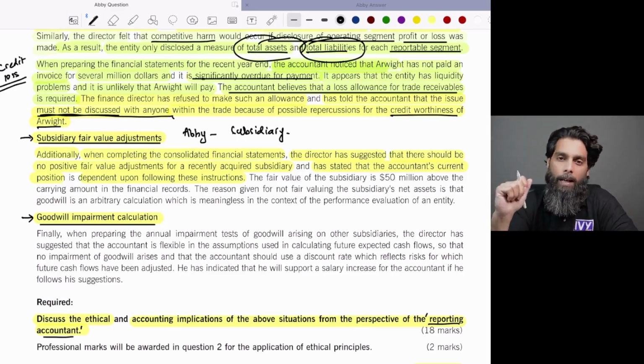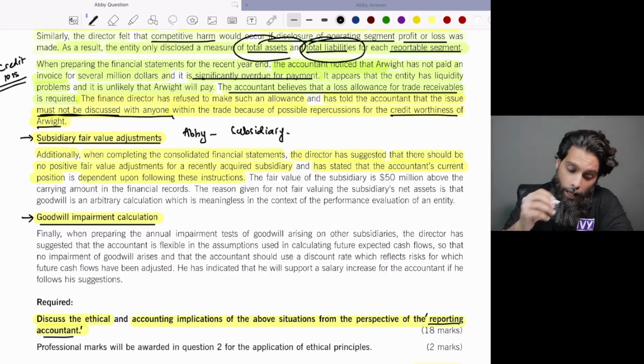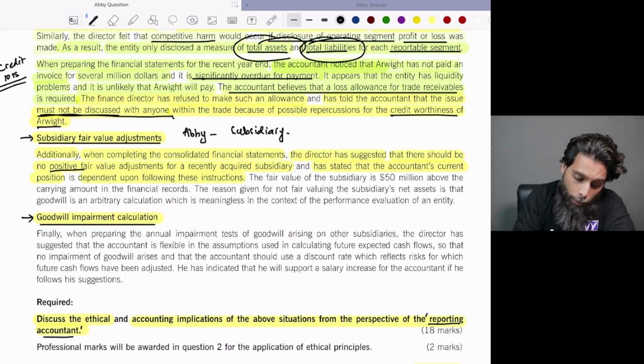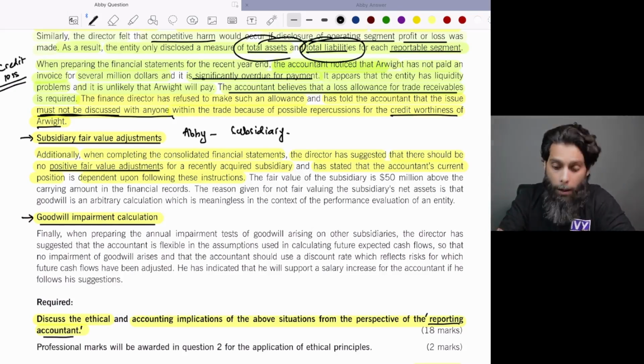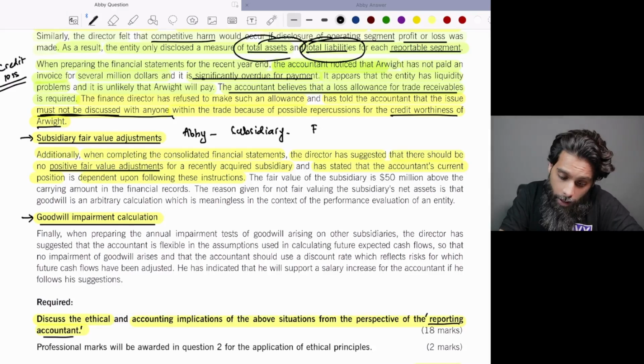Now, you have just identified that ABI has acquired a new company which is supposed to be your new subsidiary. And you are aware that according to IFRS 3, acquisitions are accounted for under the acquisition method. And according to the acquisition method, a company should be acquired and consolidated at fair value at the date of acquisition. And when you acquire a subsidiary on a fair value basis for the purpose of consolidation, there will be some fair value adjustments. Now, your director wants you not to make positive fair value adjustments. But why? Because if upward fair value adjustments happen, then it will result in a goodwill reduction.